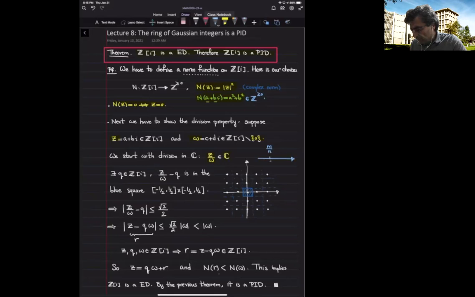So we have 0, 1, and so on. And then the quotient is nothing but the integer part of this fraction.